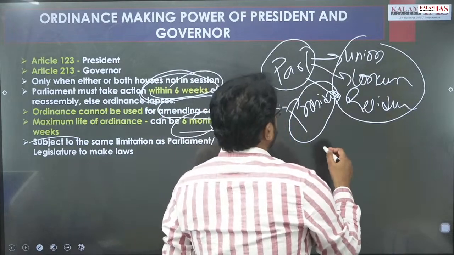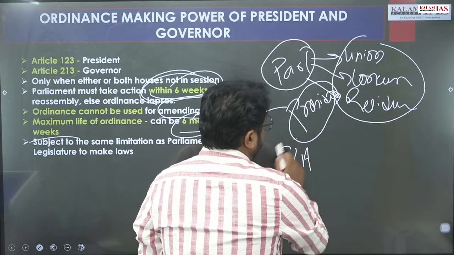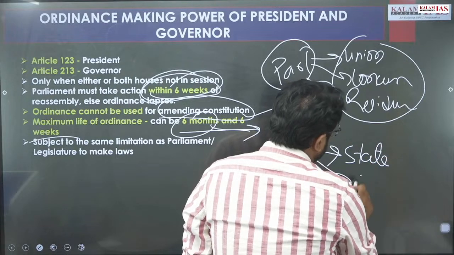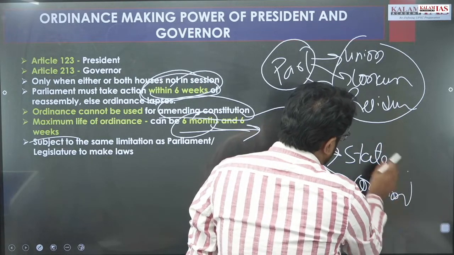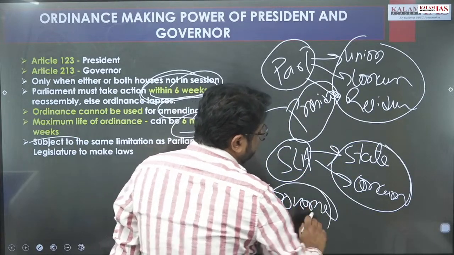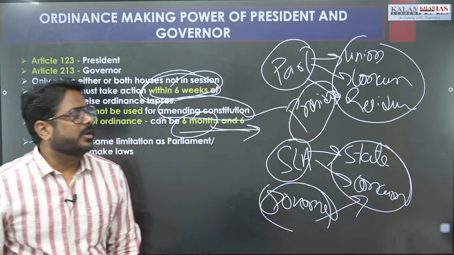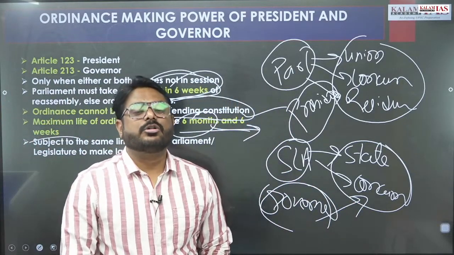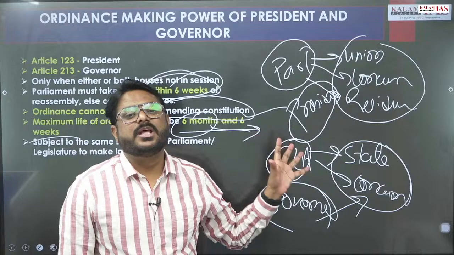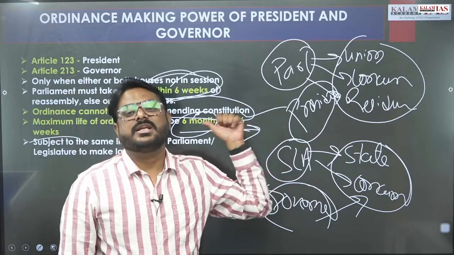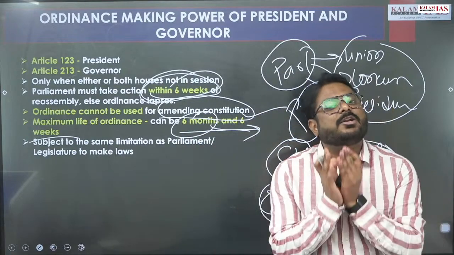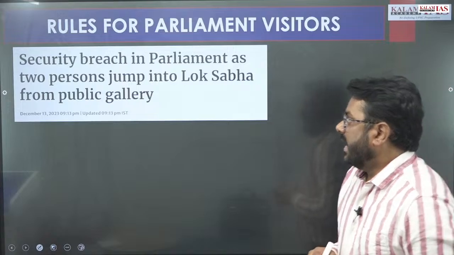The Governor, State Legislative Assembly, they can make laws for the state list and concurrent list only. So the Governor can issue ordinances only for these kinds of things. So whatever the limitations and restrictions are there for the Parliament as well as the State Legislative Assembly, those limitations and restrictions will also be there for the ordinances by the President or the Governor, right?